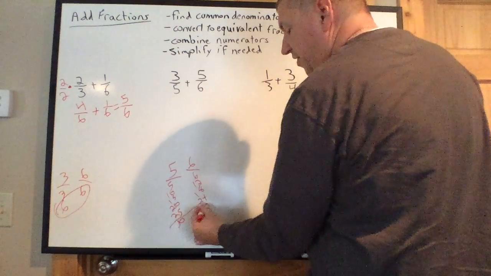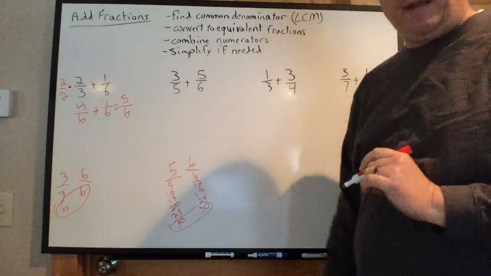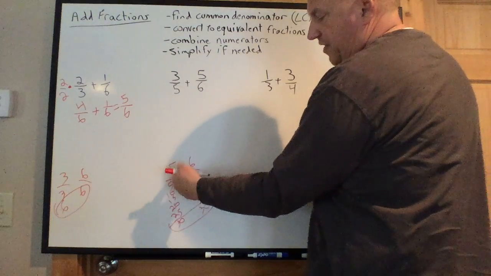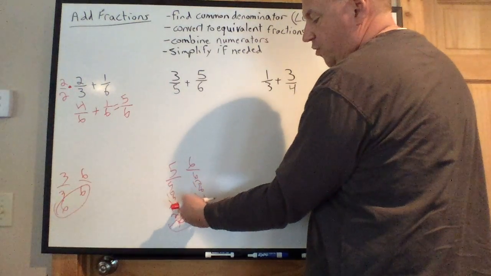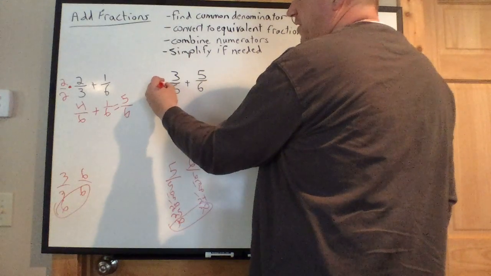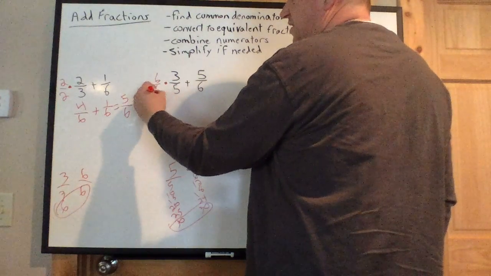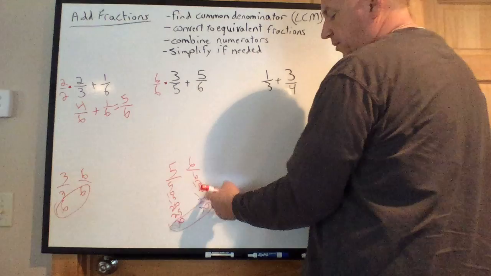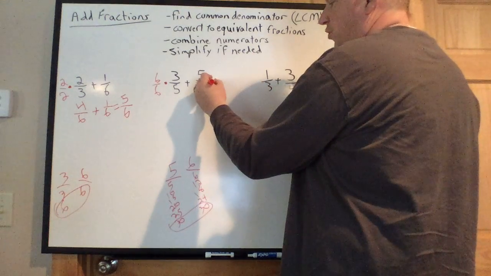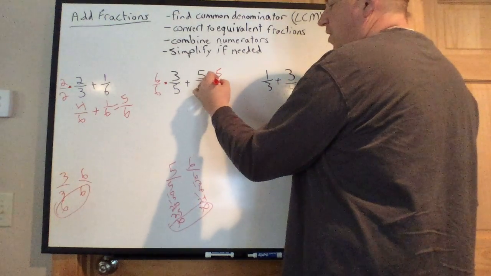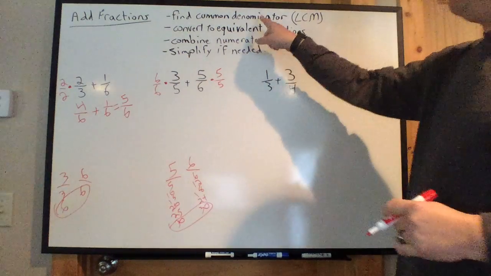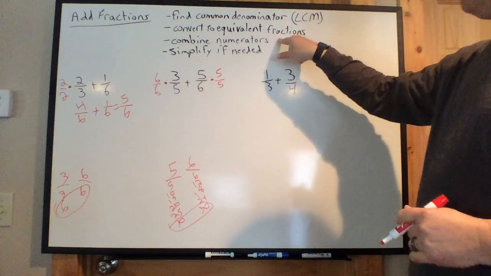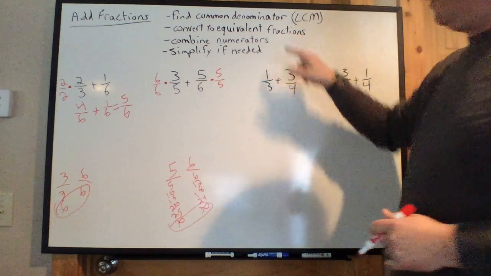So we have 30 as my common denominator. For the 5, 1, 2, 3, 4, 5, 6, we're going to multiply this one by 6 over 6. And for the other, 1, 2, 3, 4, 5, so we're going to multiply this by 5 over 5 so that I can find my common denominator, and I'm currently converting to equivalent fractions.